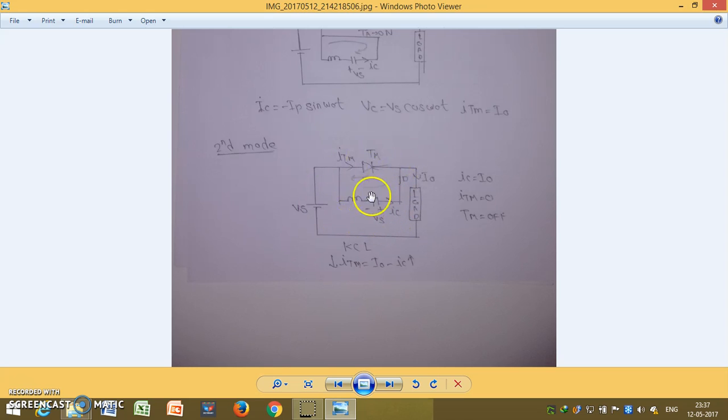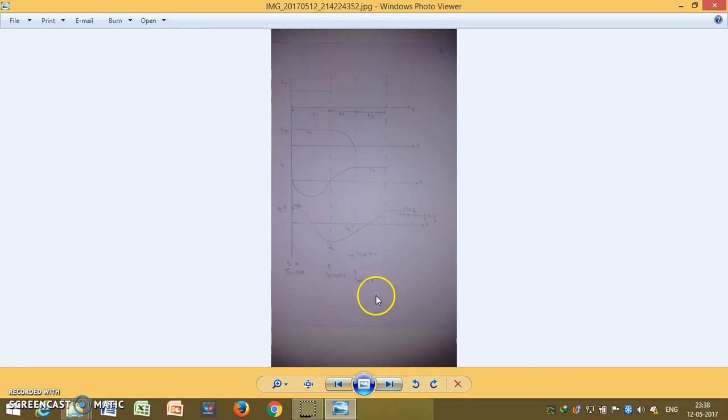Now the diode comes into the circuit. While applying KCL, ITM is equal to I0 minus IC. ITM is the main thyristor current, I0 is the load current, and IC is this path current, the capacitor current. When IC equals I0, ITM is 0 and our main thyristor will be off. This is the main concept of class B commutation.